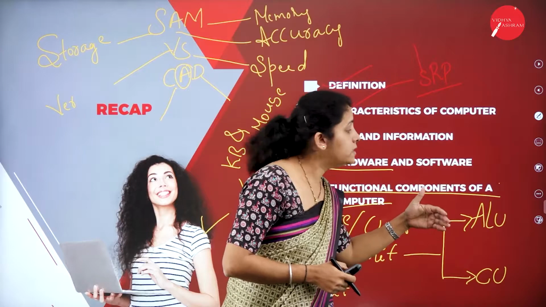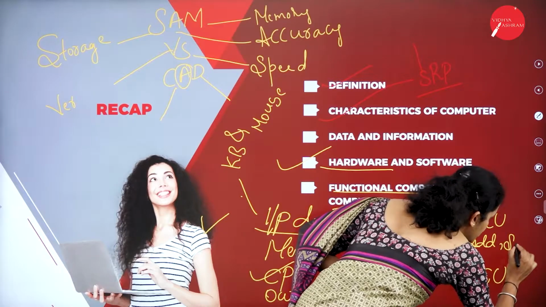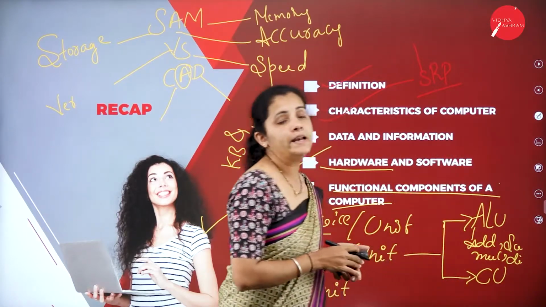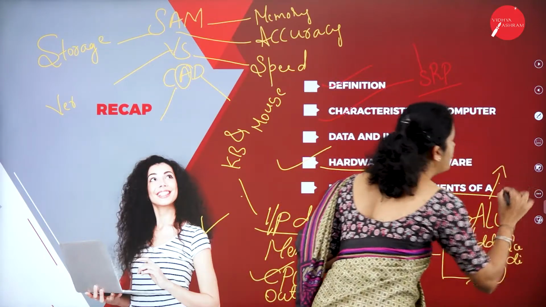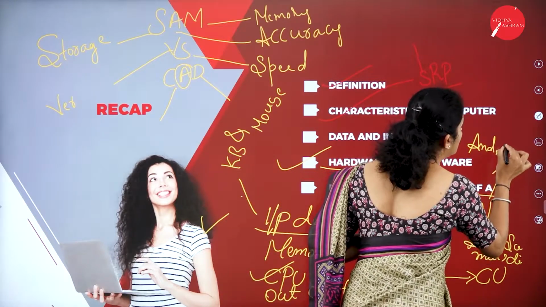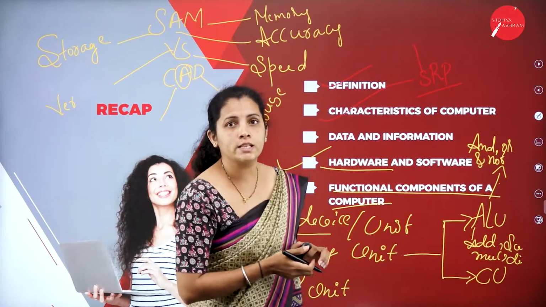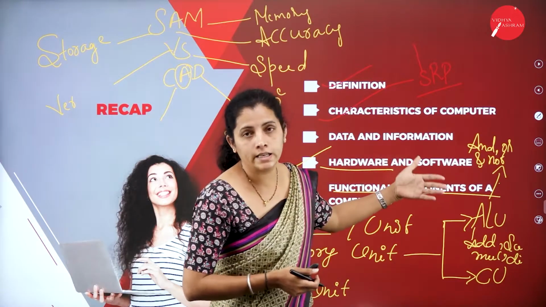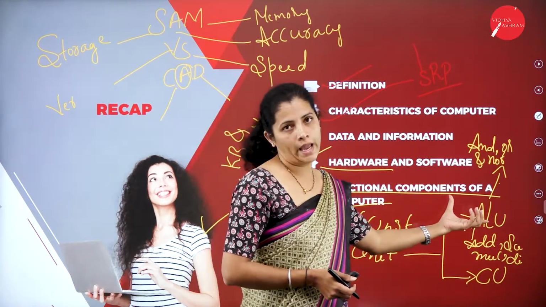All the basic arithmetic operations like addition, subtraction, multiplication and division are carried out by the ALU. At the same time, it is also responsible for performing some of the logical operations like AND, OR, and NOT. Along with that, it is also responsible for performing some of the relational operations like greater than, equal to or lesser than. These are the jobs of ALU.